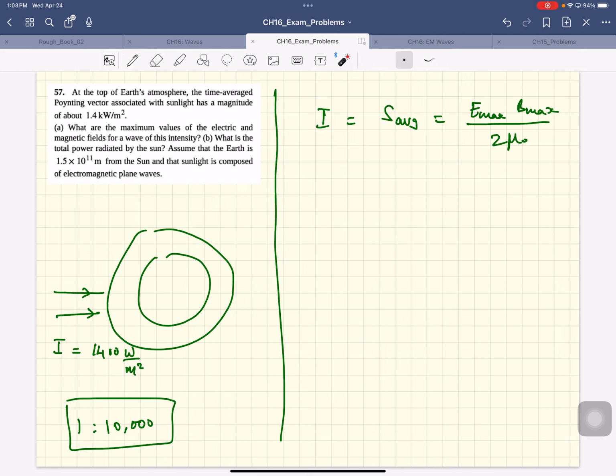Okay, so part A asks you what is the maximum value of the electric and magnetic field strength.